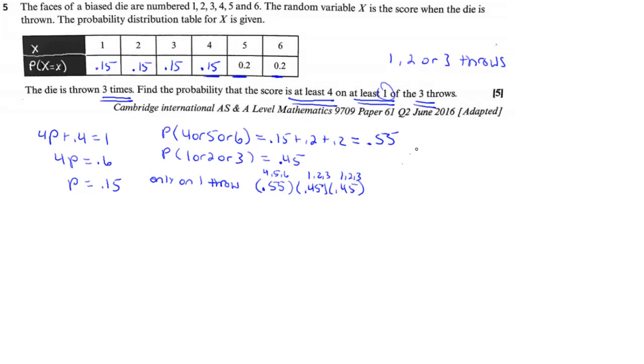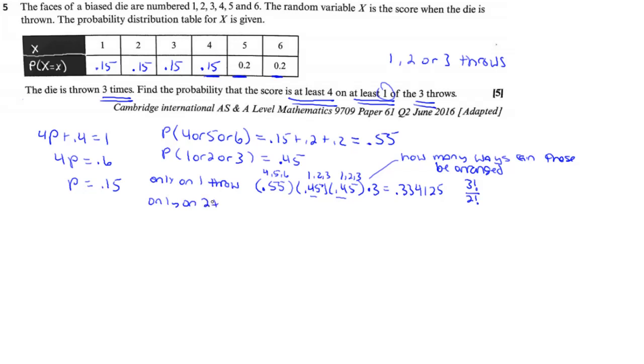Maybe it happened on the second and maybe on the third, because that's still just 1. So we got to figure out how many different ways this could be arranged. Well, if you take a look at it, 0.55, 0.45, 0.45, that's 3 factorial divided by 2 factorial, because the 2 0.45s are identical. Anyway, we're going to multiply that by 3. And that gives us this probability here.